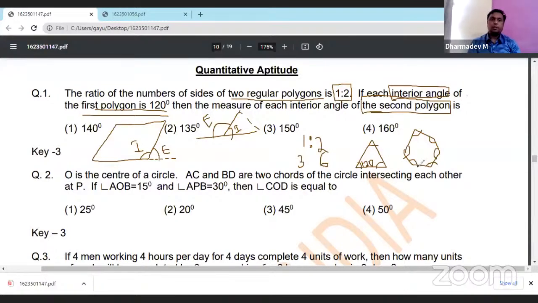Am I audible to you, Pawan or Basit? Am I audible? Yes, fine.